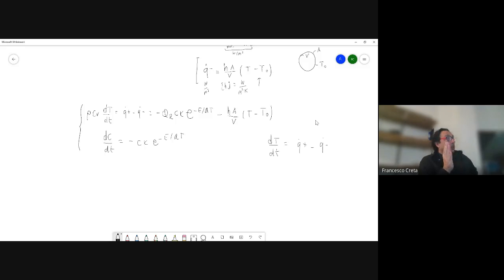So what we can do is at least graph them, represent them in a graph as a function of temperature and compare them, because if their difference at a given temperature is positive, so if Q plus is bigger than Q minus, then the temperature will grow because dT by dt is bigger than zero. And obviously, if it's negative, the temperature will decrease. And if they're the same, essentially, there's going to be an equilibrium, right?